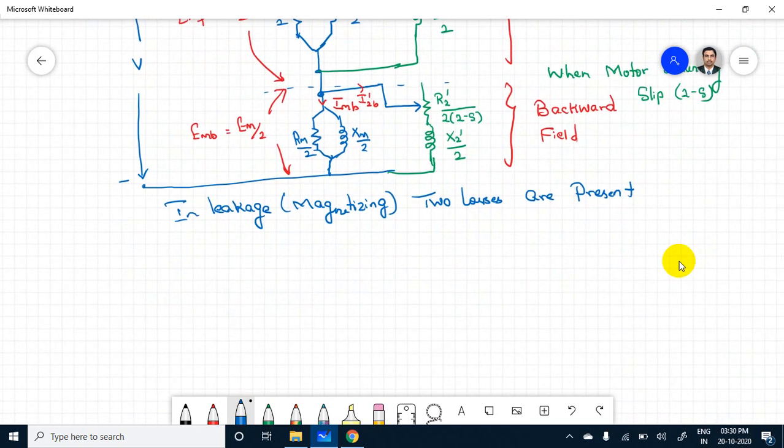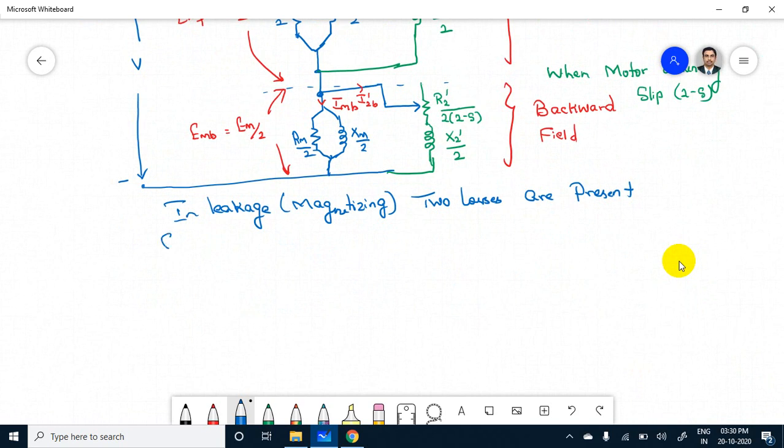Okay, so the core loss produced in Rm by 2, and hysteresis losses, or we can say it will be taken as rotational losses also. Okay, we can say it will be rotational losses.